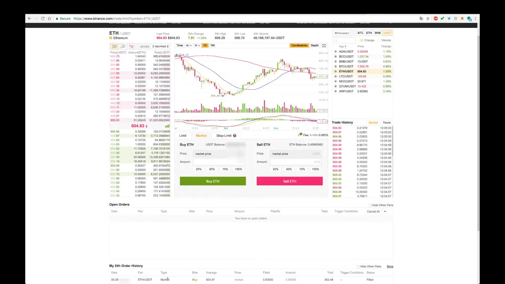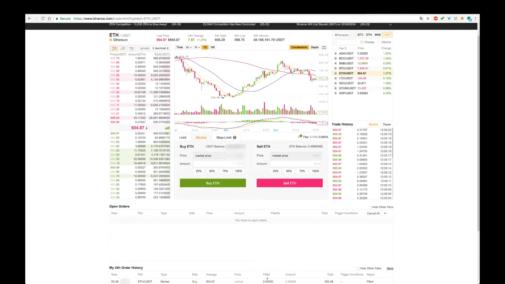It was a buy order at market of Ethereum versus USDT. And this is the average price, which is the average of all of the people that had to be bought from to get my 0.5 Ethereum. And the status is filled. So this is now a filled order, and it happened immediately.